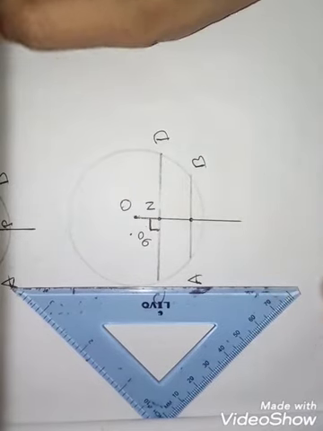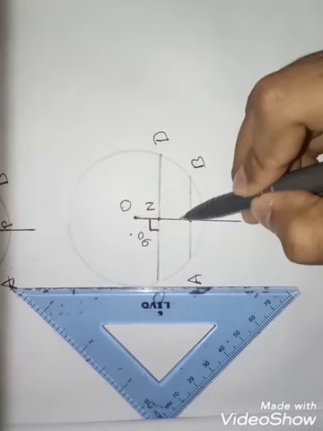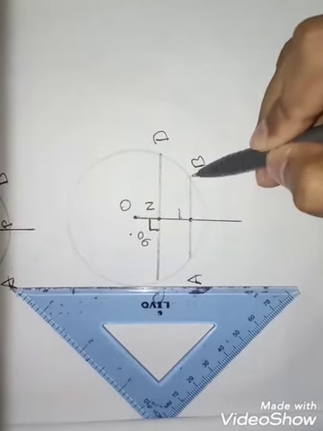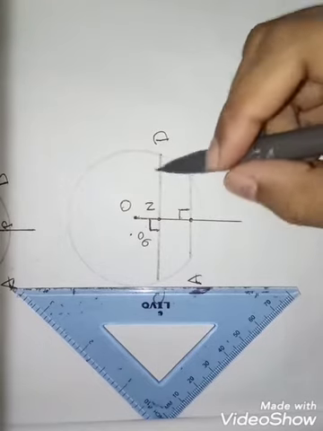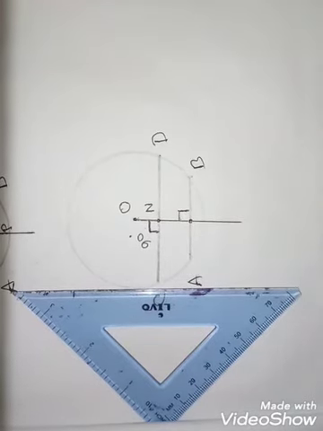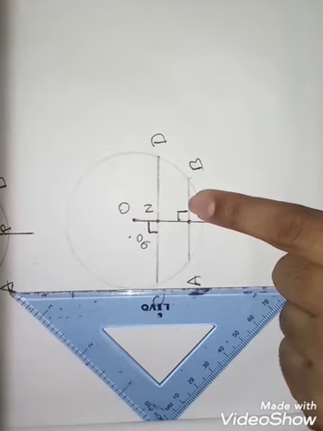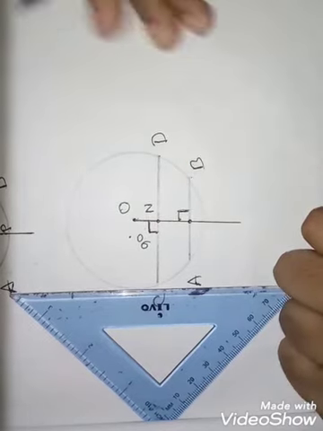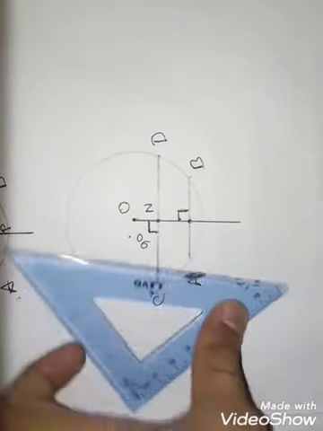We have to prove that the angle between this line and this line is 90 degrees. If we can prove that this angle is 90 degrees, we can easily prove the theorem. Let's do it.